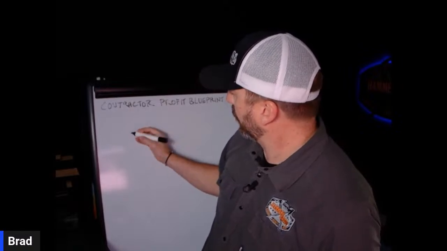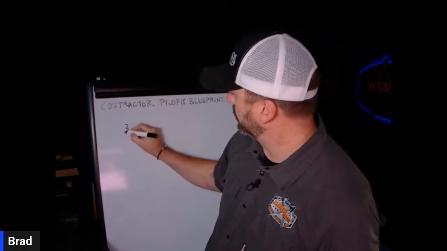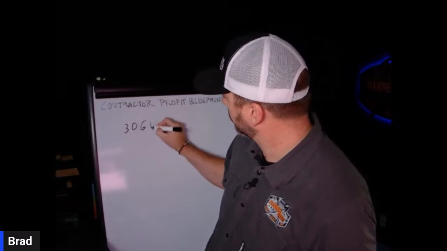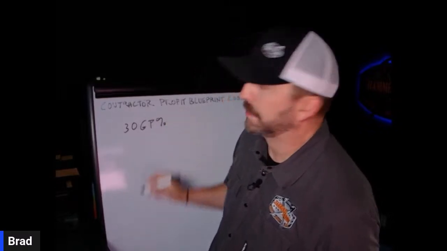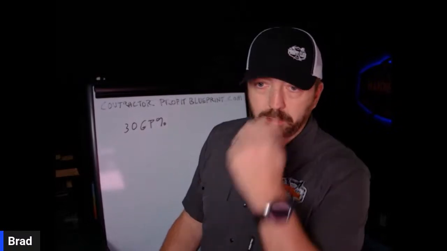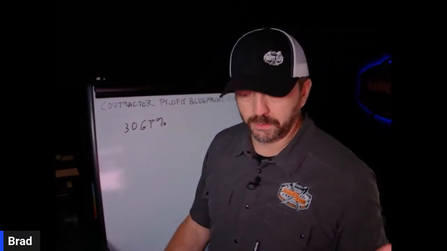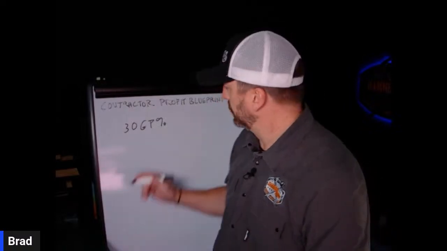Let's say you sell jobs at a 30% gross profit. You're selling your jobs and you're only getting a 30% gross profit percentage, which is, I would say, kind of an average for most contractors.